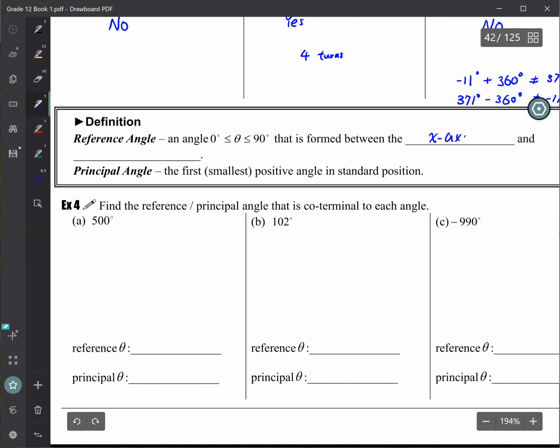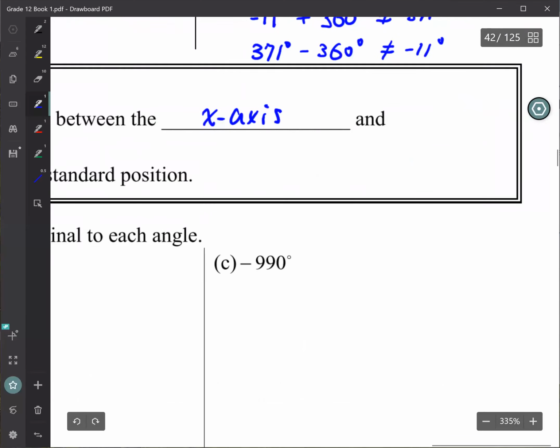X-axis and terminal arm. Remember, terminal arm is where the angle stops. And the x-axis, everybody knows, is the horizontal one, right? So for example, let's draw a little picture here. This one is the x-axis, the red one, and then the terminal arm.